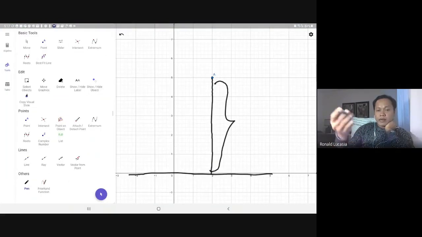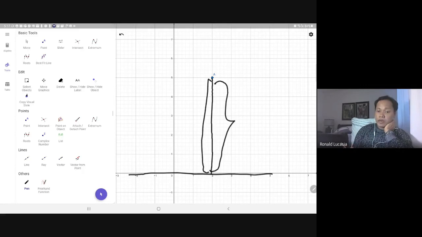Basically, it's 5 because when the radius is 4, it will not touch the x-axis. When the radius is 6, it's no longer tangent to the x-axis, but rather it is secant to the x-axis. So the radius must be 5 here, in order for the circle to touch this part, which is the x-axis.